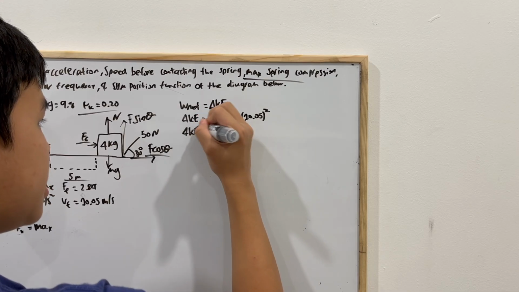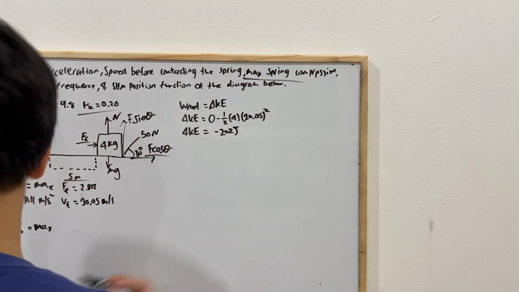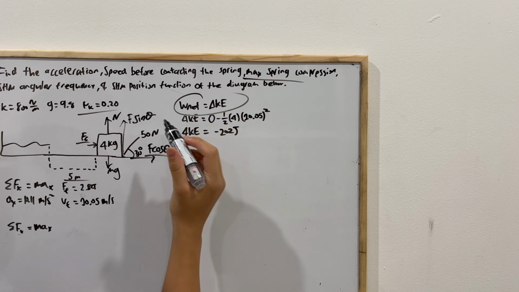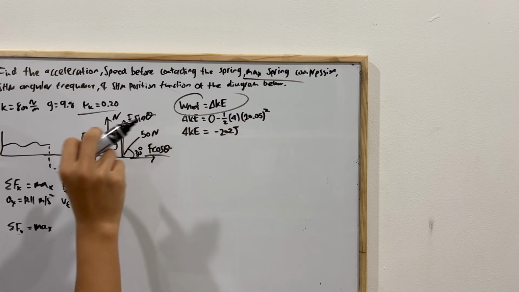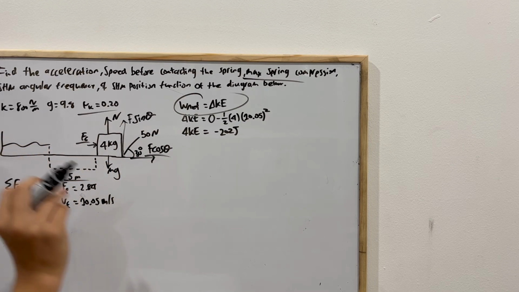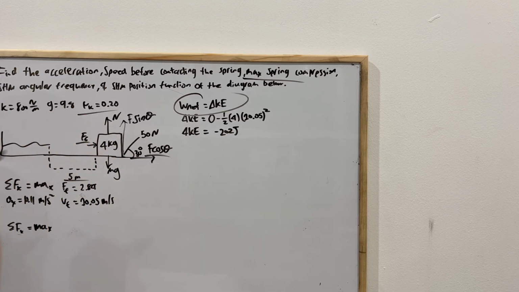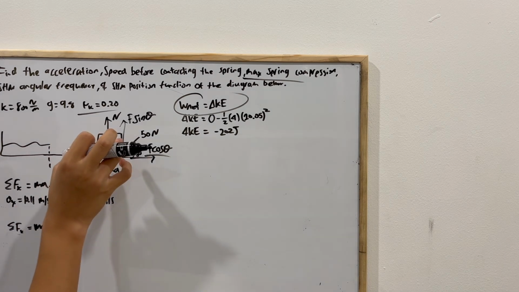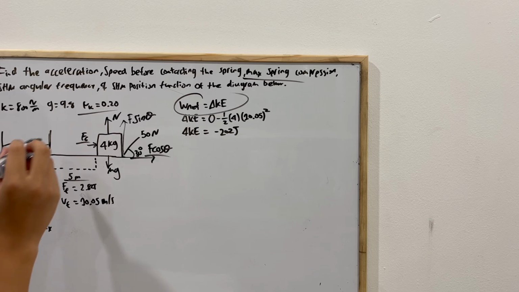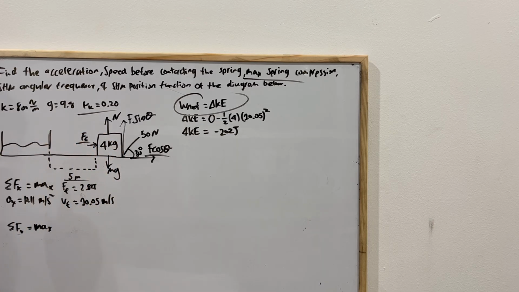Our change in kinetic energy would be negative 202 joules. We use the work-energy theorem because work can be modeled as the forces applied at a certain position, where the spring and the block are at the same position, because after it's traveled 5 meters, it is here. So the displacement of the box and the spring compression would be the same.